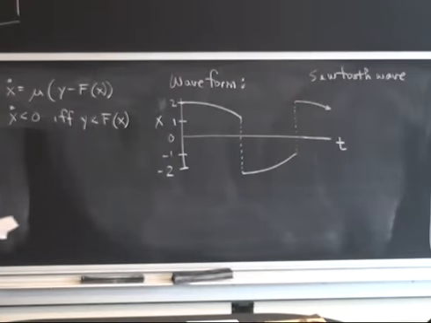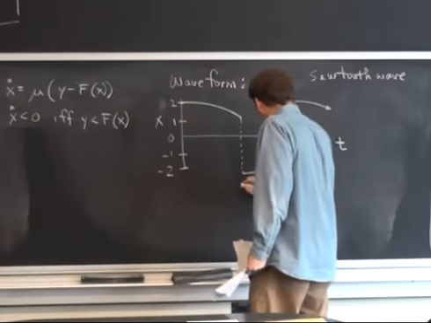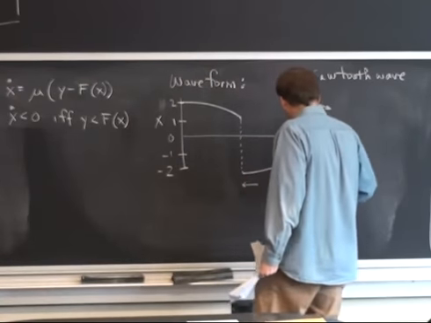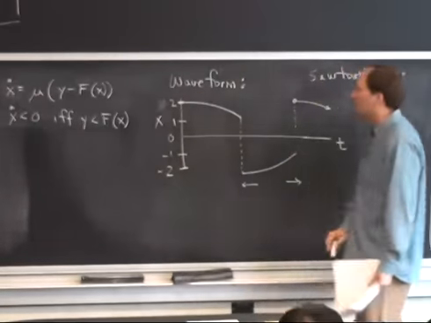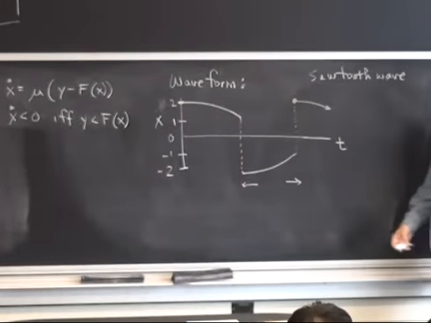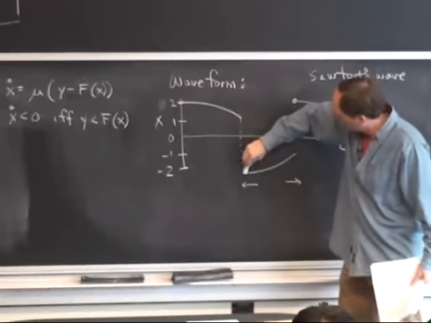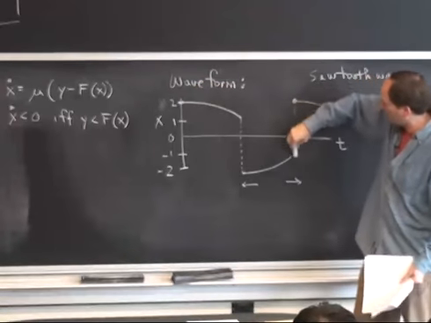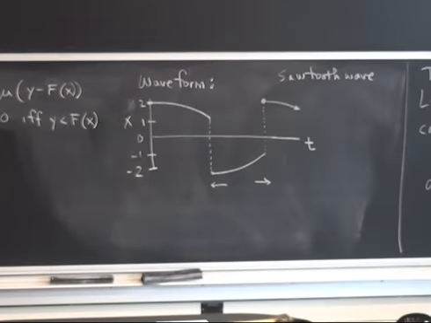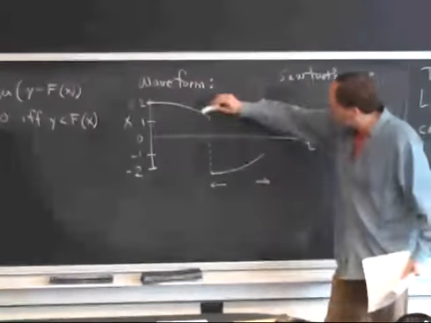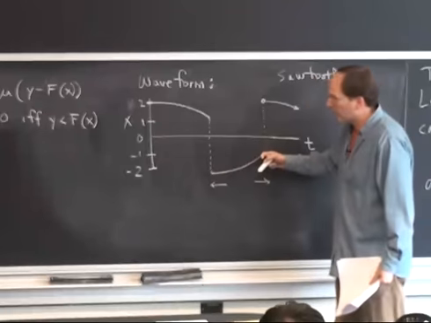And we could also estimate some timescales. If we say, what's the period of this to go from here back to here? Well, you can see it's dominated by the slow parts. I mean, it's basically going to be this time plus this time. There's almost no time spent in the jumps. And so taking the lion's share of the period as these two contributions, how long is it going to take to do this?